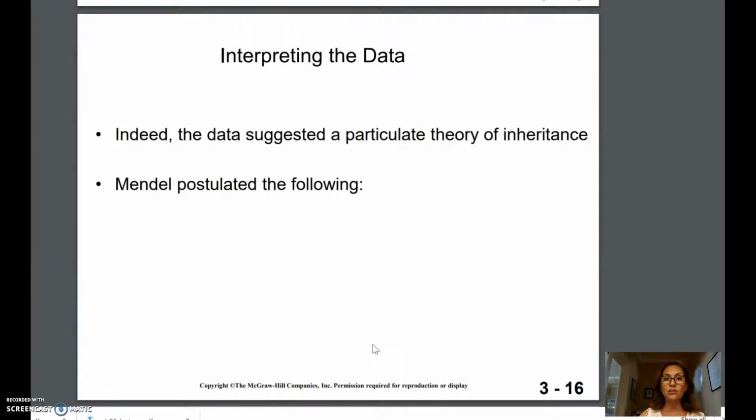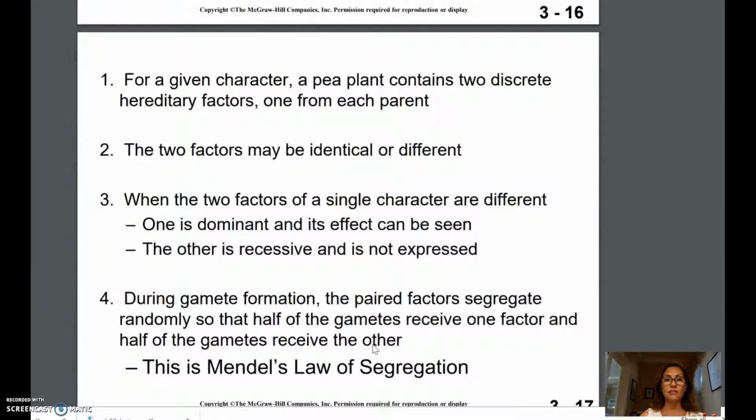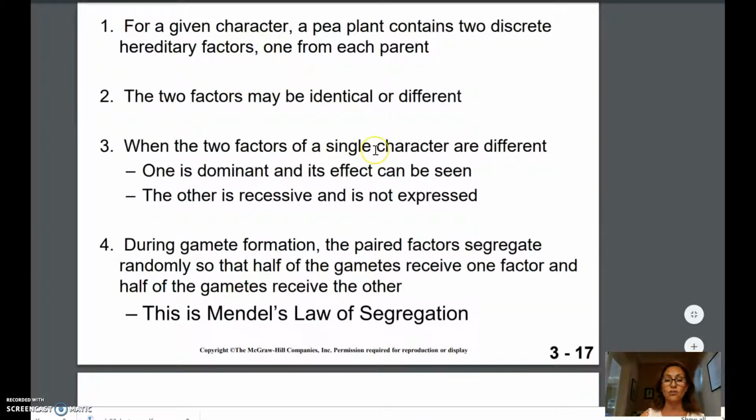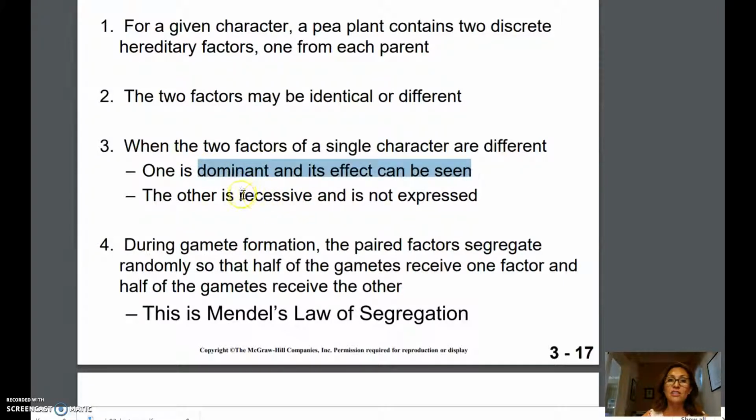So what Mendel postulated from this experiment was, for any given character in this particular experiment, pea plants contain 2 heredity factors, one from each parent. The 2 factors can be identical or different, and of those, the one that you see is the dominant. The dominant is the one whose effect can always be seen. The recessive is not expressed. All right.